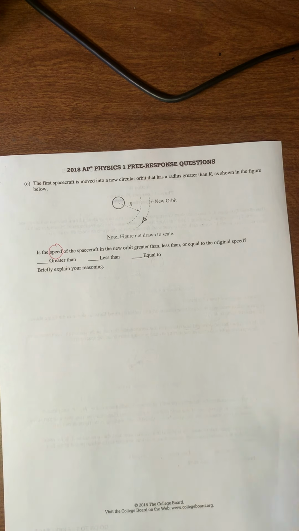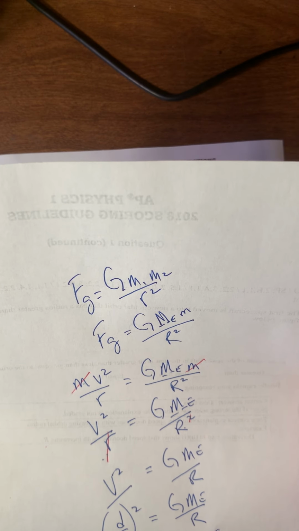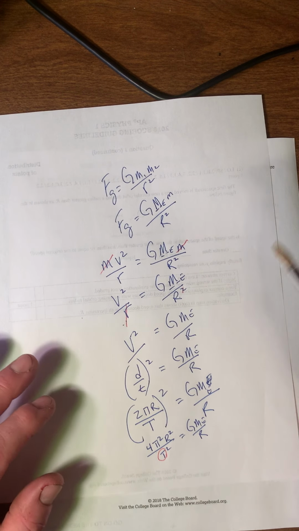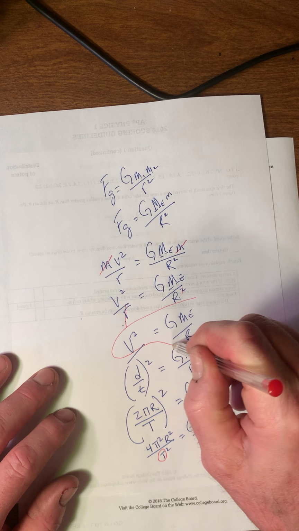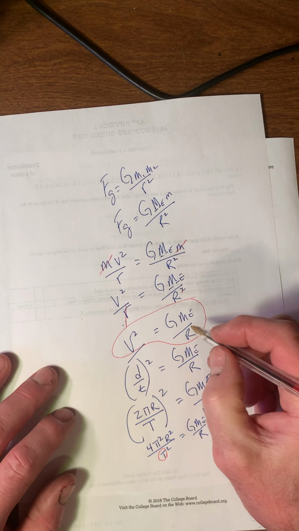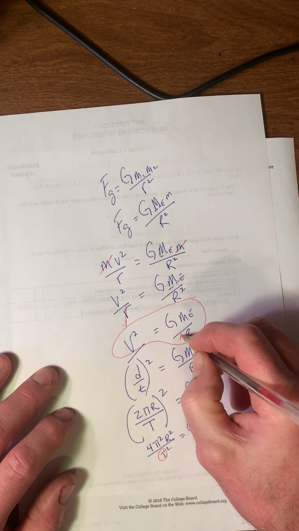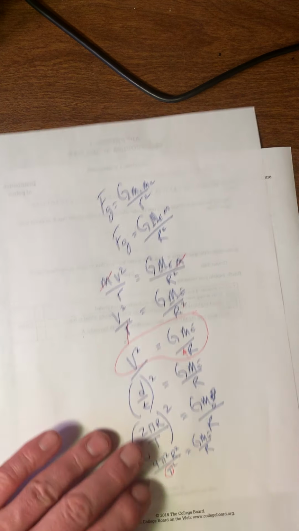Here's another piece of paper. We could look at this from this part of the formula. It asks about the speed. Now the radius is in the denominator. If the denominator grows, then the overall value of the fraction shrinks. That means your velocity goes down.